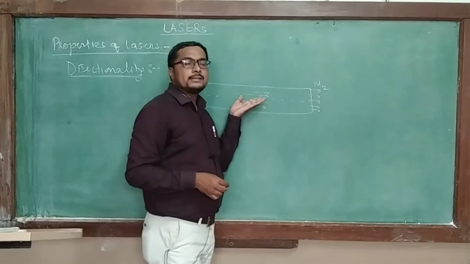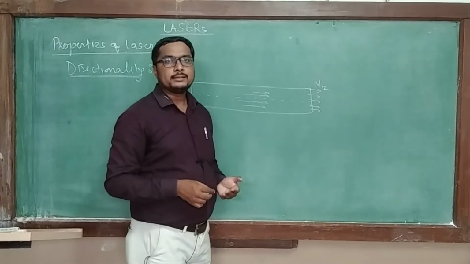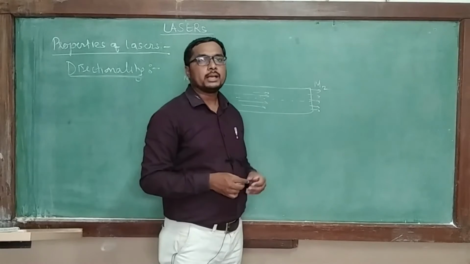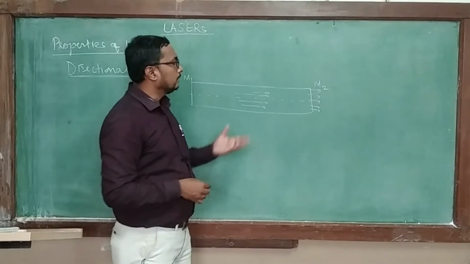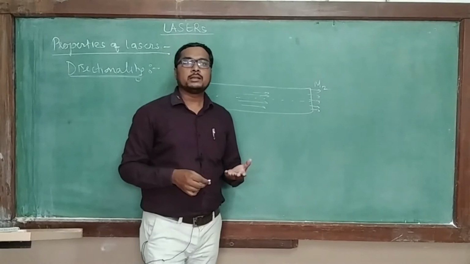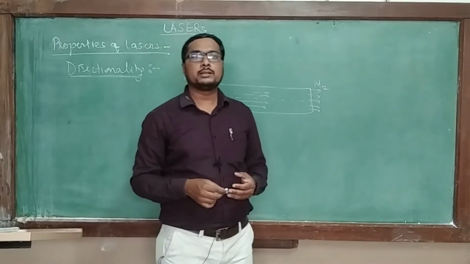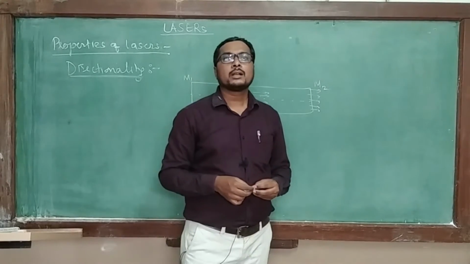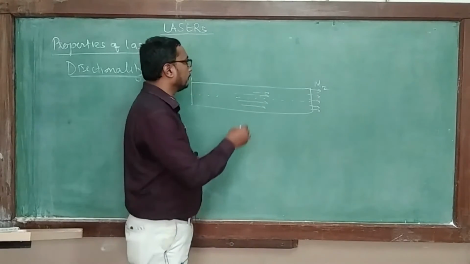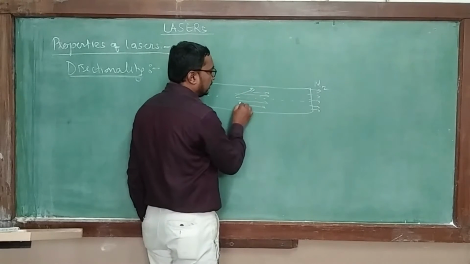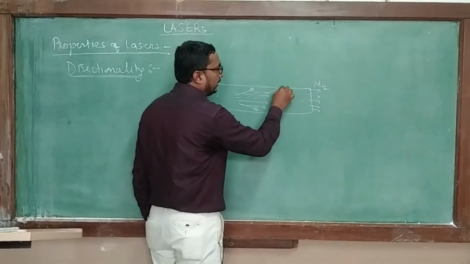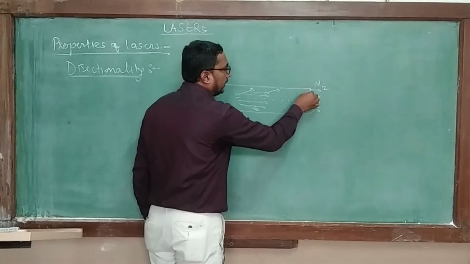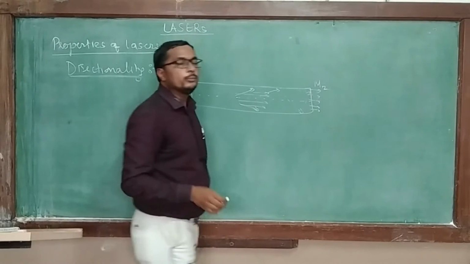So only the light that is coming parallel to the cavity axis is passed through the output mirror, and the light that is in a direction other than that of the cavity axis is reflected back, right? If the light is in a different direction, it may be reflected by the cylindrical cavity, or it may be reflected at the output mirror.